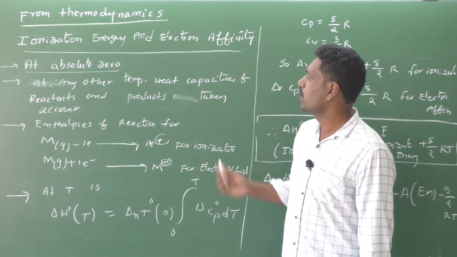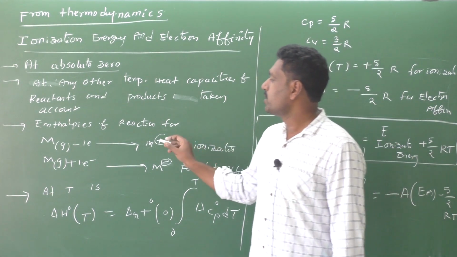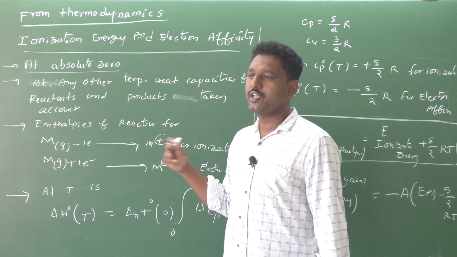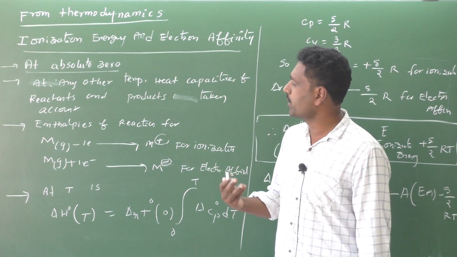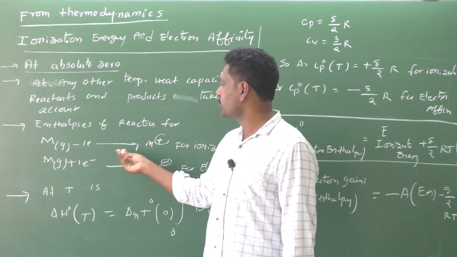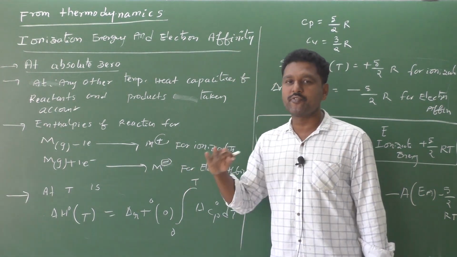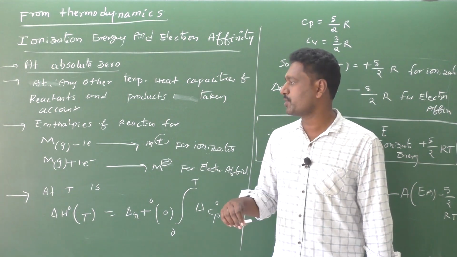Next, the enthalpy of reactions. If you take any reaction, for example, ionization is considered as one reaction, and electron affinity is considered as one reaction.